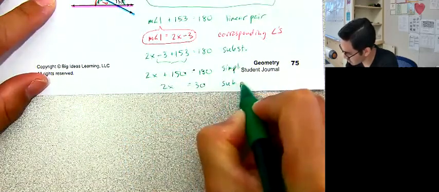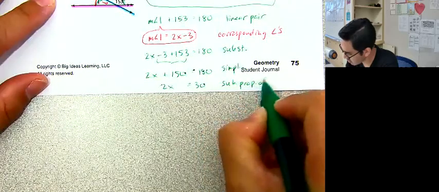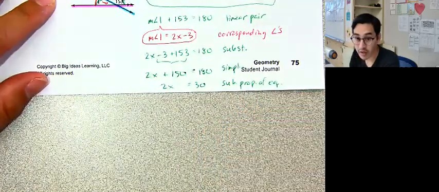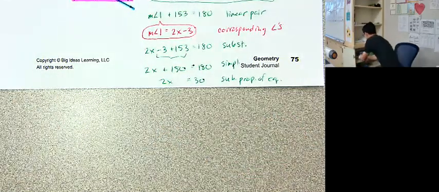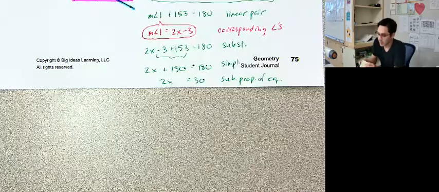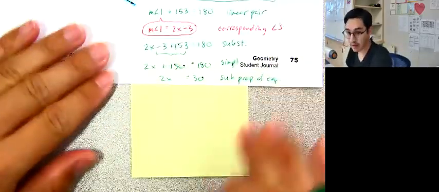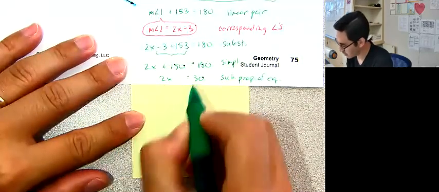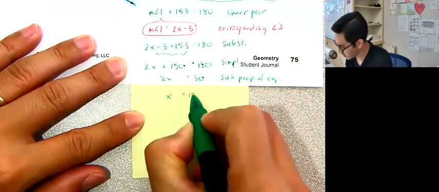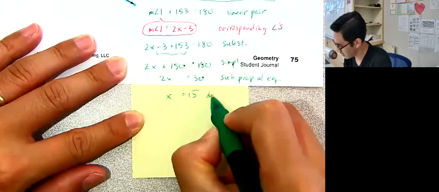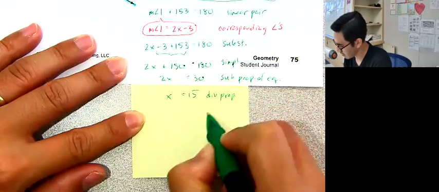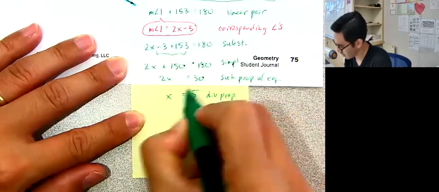So that was the subtraction property of equality. And then I ran out of room. Let's do this. Okay, so now we're going to divide both sides by 2. We get x equals 15, and that's the division property of equality.